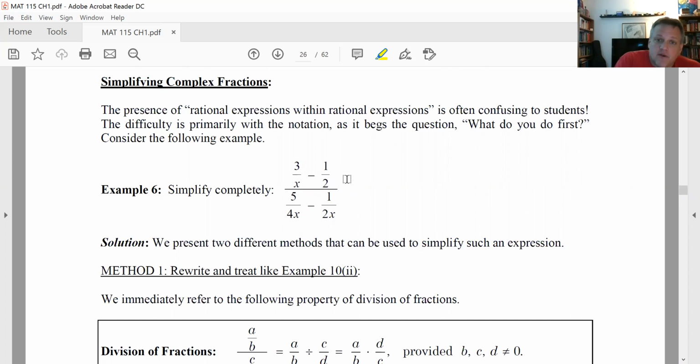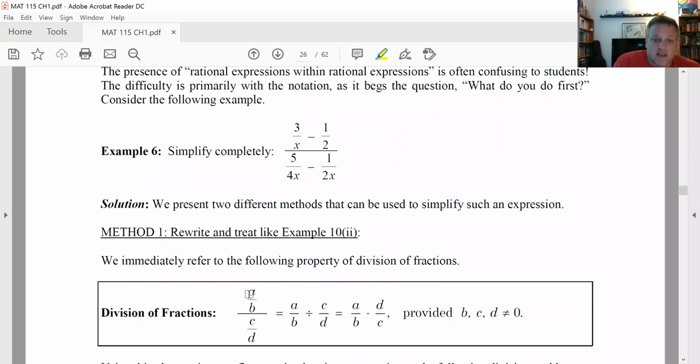And so here, notice we have a big bar, right? So we have a fraction, but the numerator and the denominator of that big fraction involve fractions themselves. But really, remember, we encountered this when we talked about properties of fractions back in the very first lesson. This is just a different notation for rewriting the top literally divided by the bottom, right?